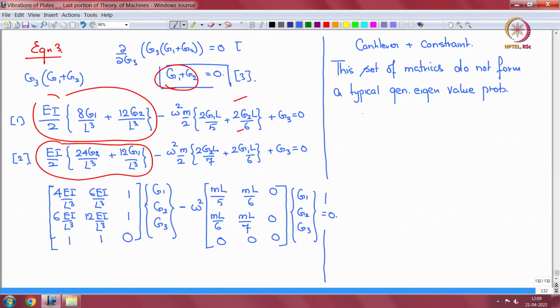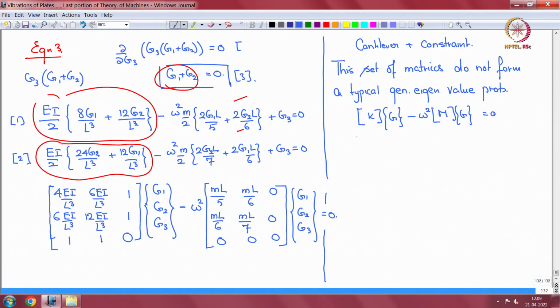Okay, why? We had k times g earlier minus omega square m g equal to 0 as the generalized eigenvalue problem.